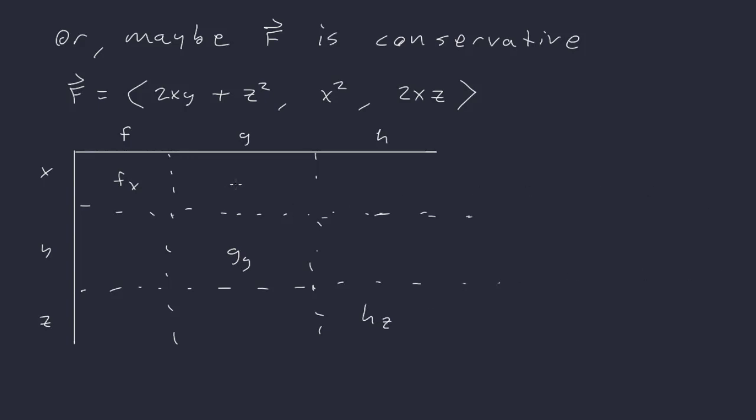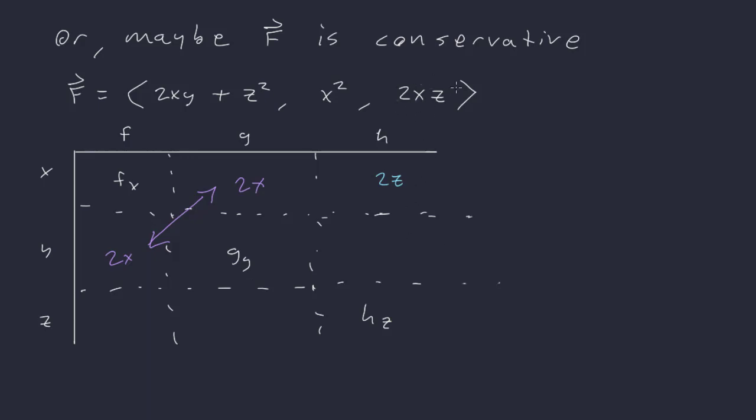Instead, we'll look at g sub x. Well, g sub x is 2x, and h sub x is 2z. Then f sub y is going to be 2x, and the plus z squared goes to 0. So these match.